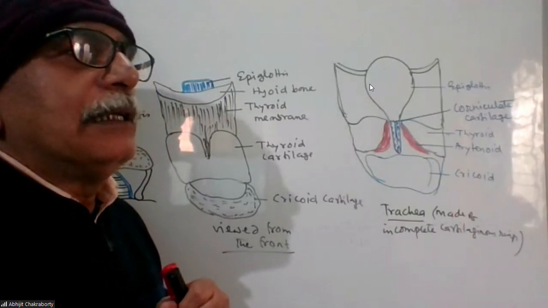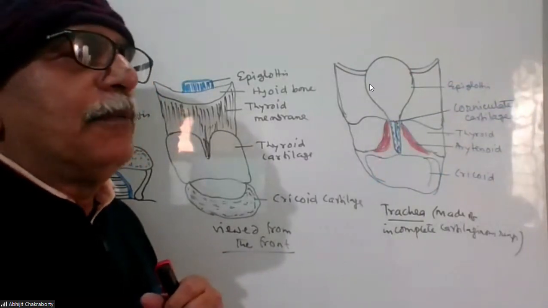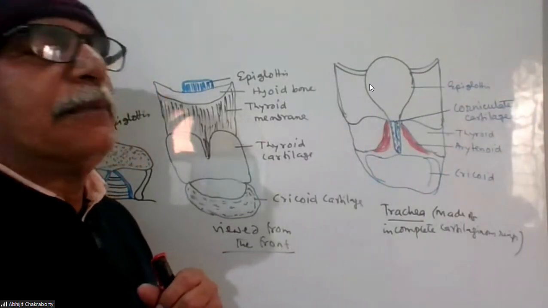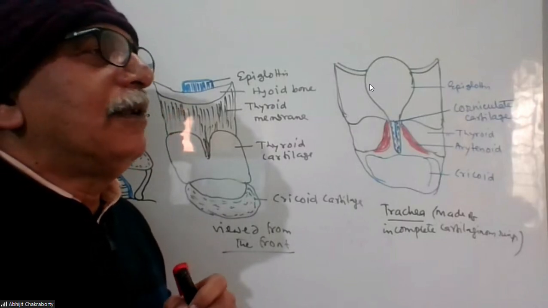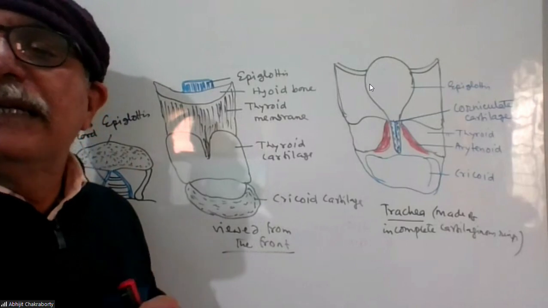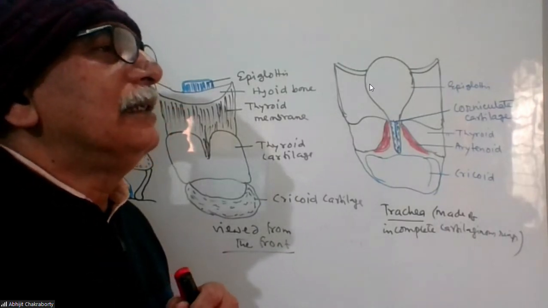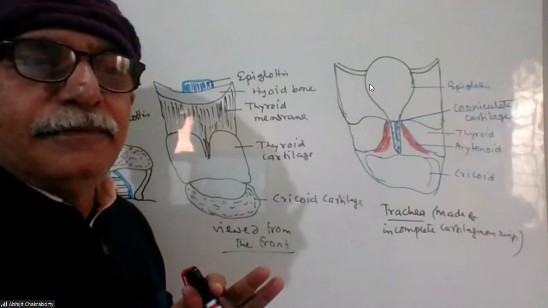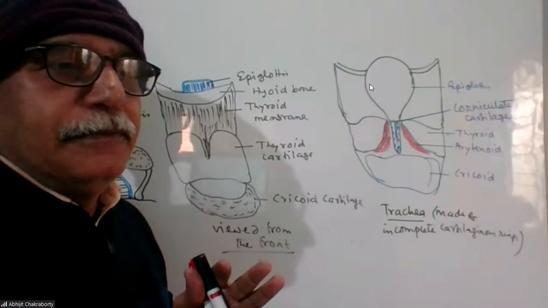That's why, so that it cannot be collapsed, the wall of the trachea is made of incomplete cartilaginous rings. Most important part. You write down: the trachea is made of incomplete cartilaginous rings to prevent its collapsing during inspiration. Clear? Is it clear up to this?